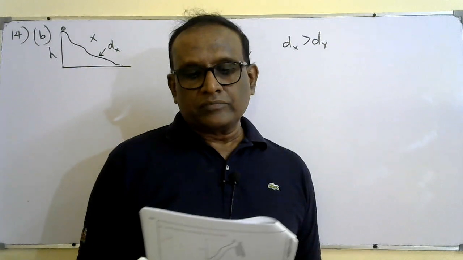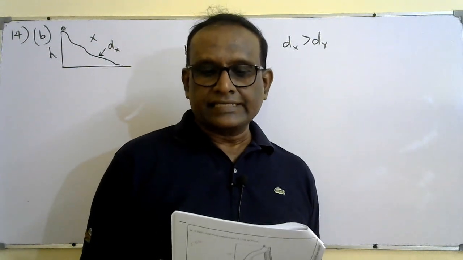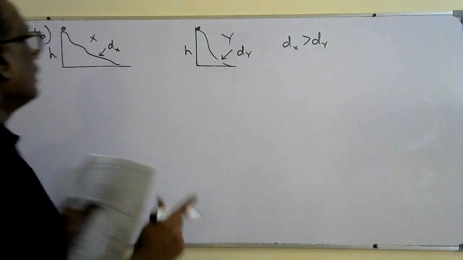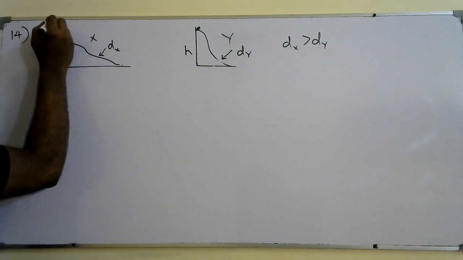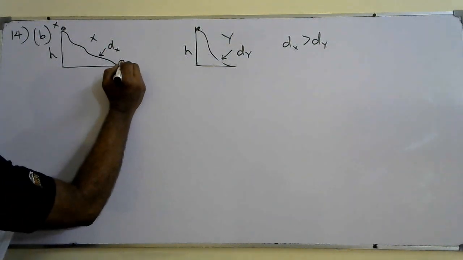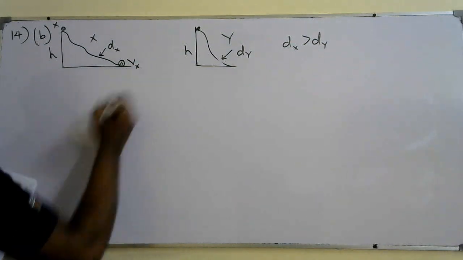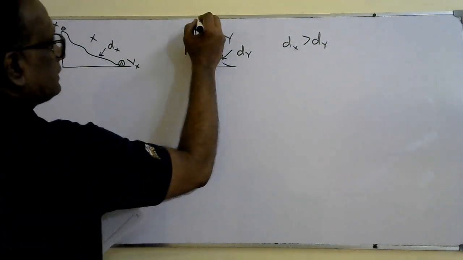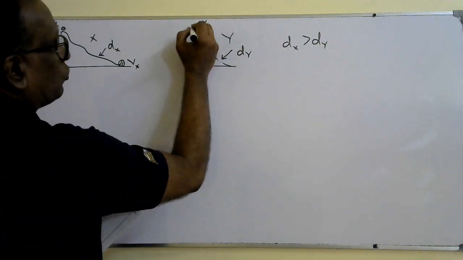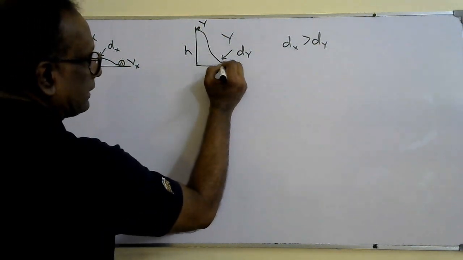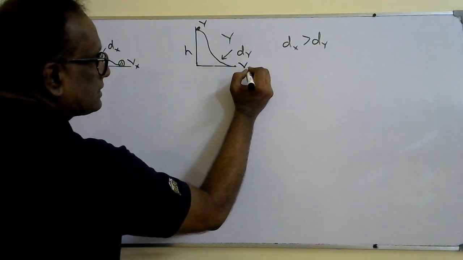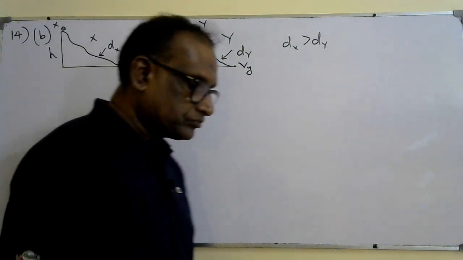A child moves from rest down slide X and reaches maximum speed Vx. So child X is moving from here, and when it comes to the bottom, the maximum speed is Vx. Another child Y is moving along the slope. When the child comes to the bottom, Vy is the maximum speed at the bottom.